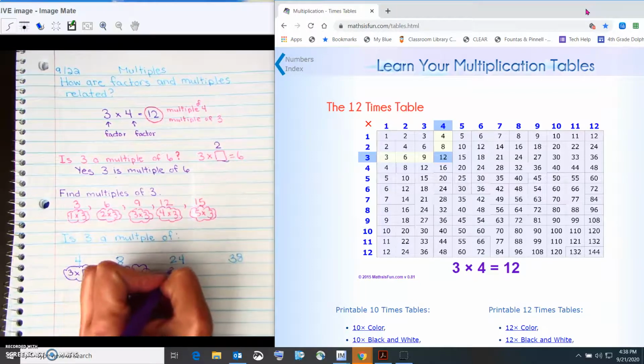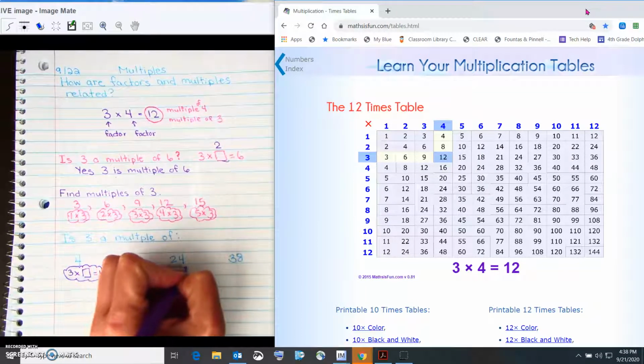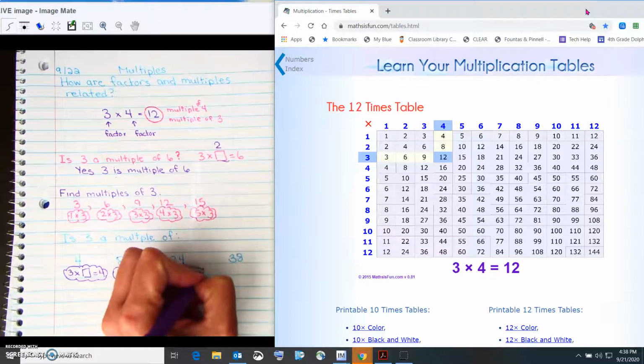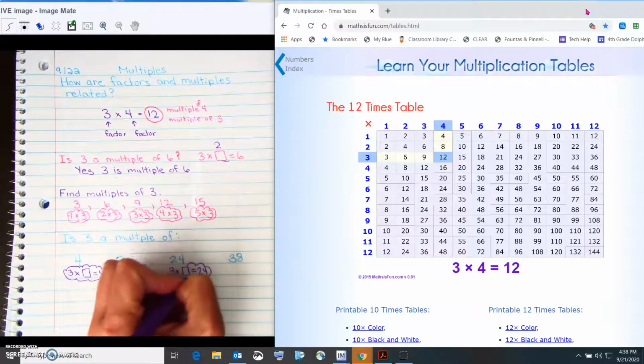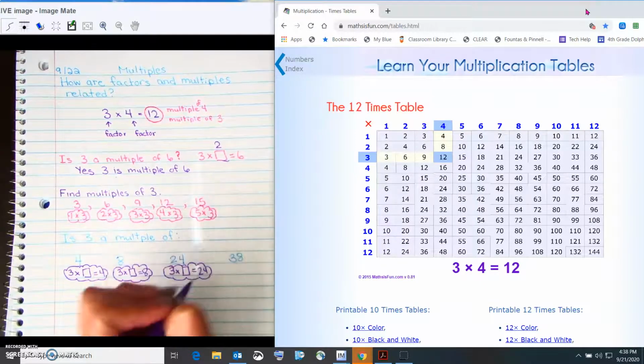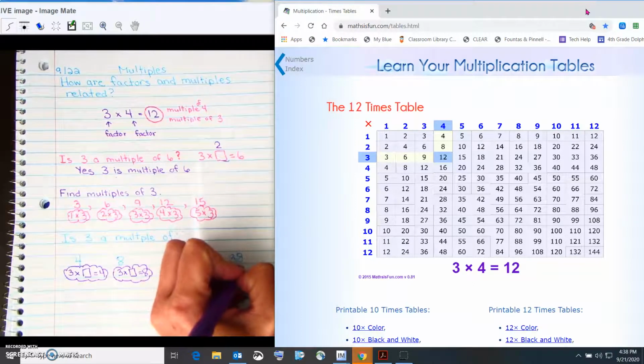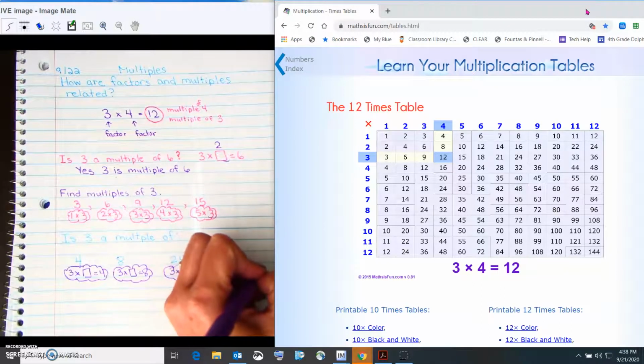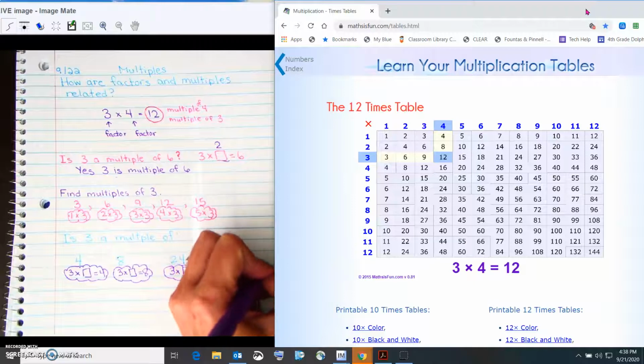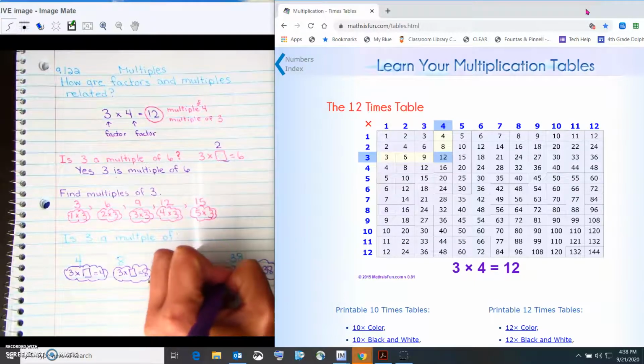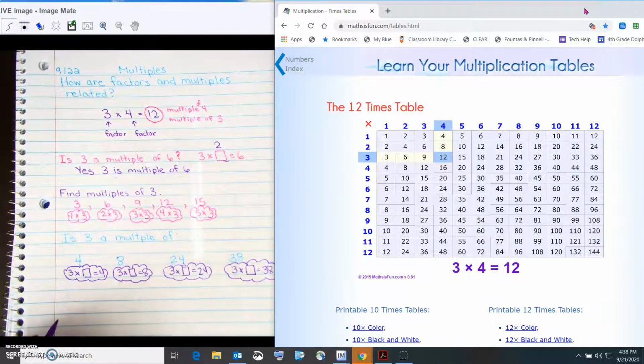Is there anything times 3 that's going to give me 24? And is there anything times 3 that's going to give me 38? Those are my thinks.